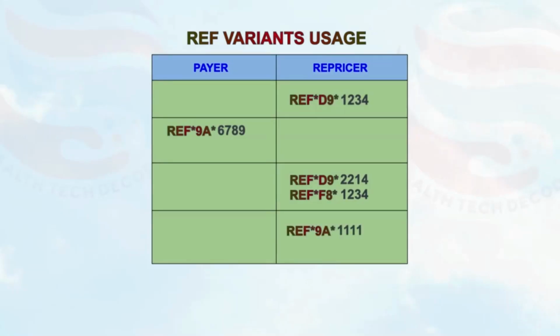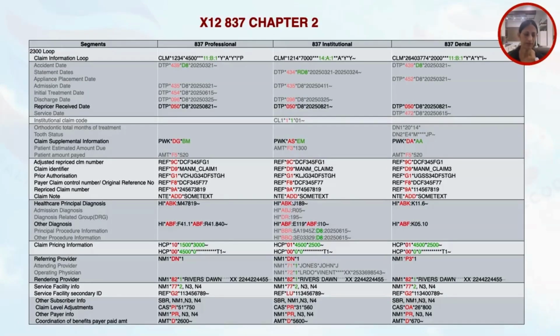This time the repricer will send 1111, and REF 9C will have the old repricing number, which is 6789. So I hope with this kind of example, you understand better how these REF variants can be utilized.